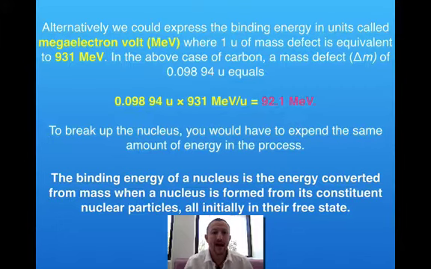So, to recap, the binding energy of a nucleus is the energy converted from mass when a nucleus is formed from its constituent nuclear particles, all initially in their free state. So we basically take our protons, neutrons, and electrons, combine them together, and what we'll find is that the loss of mass will be due to the energy which is holding it in place.